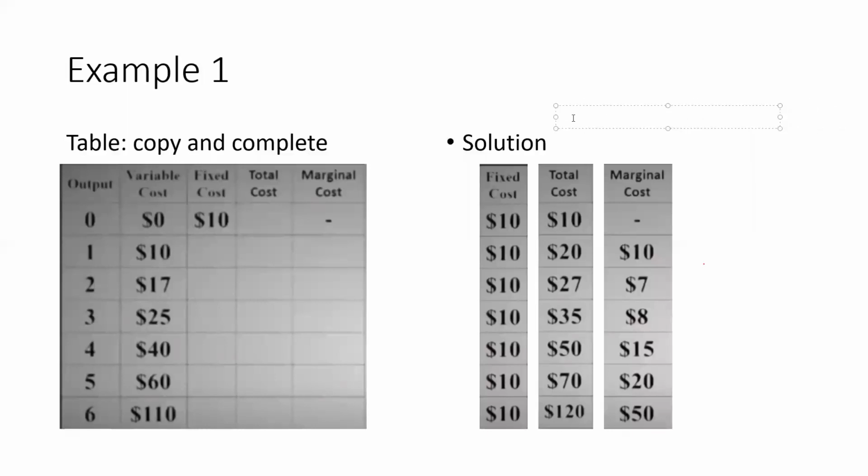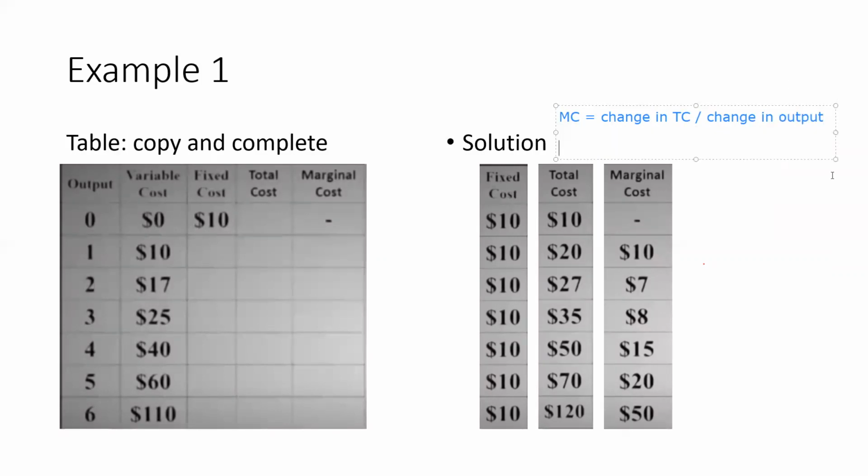Marginal cost, MC, equals change in TC over change in output. So this is the marginal cost formula.